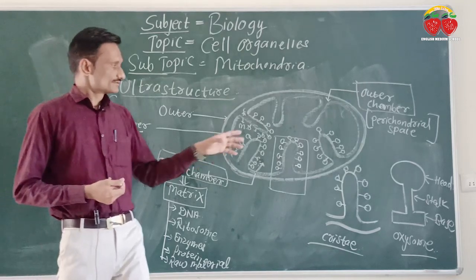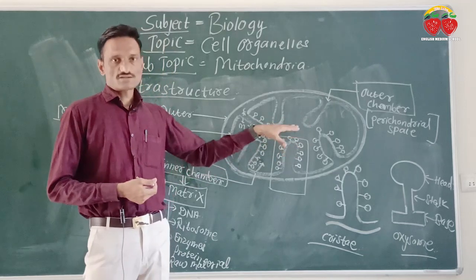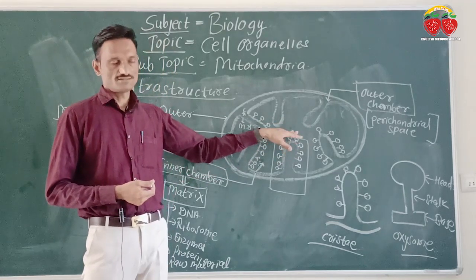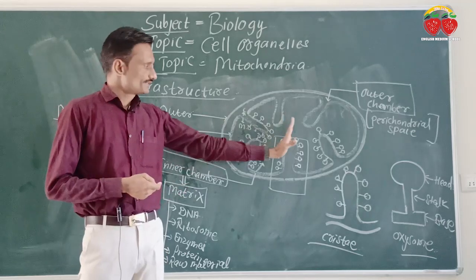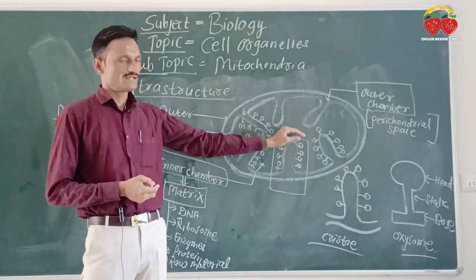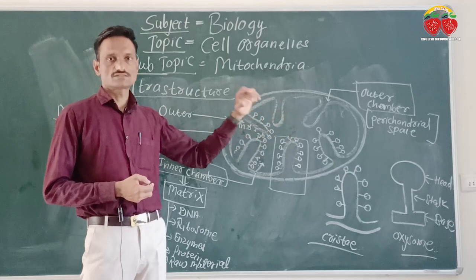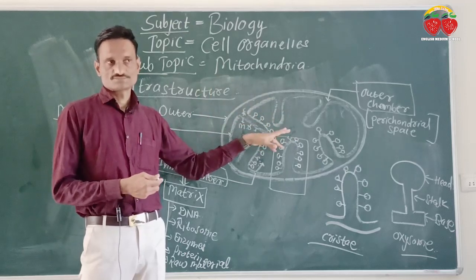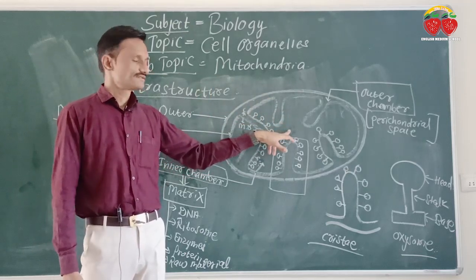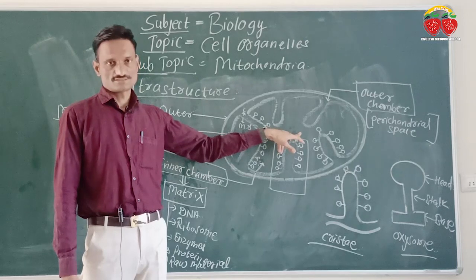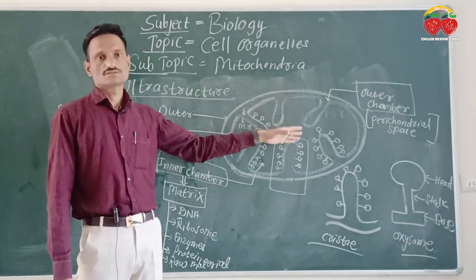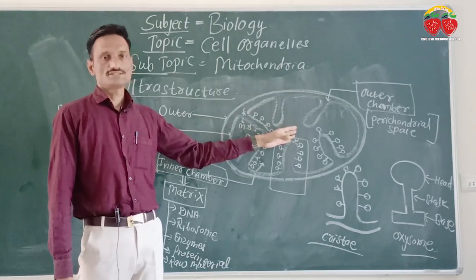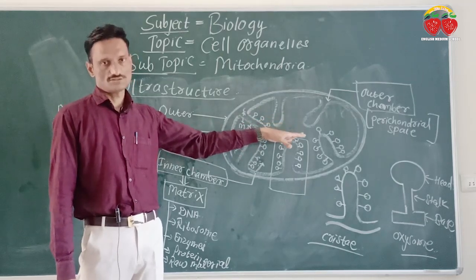So, a number of intermediate products are formed during the Krebs cycle inside the mitochondria. Second, this is the site where the food substrate is completely oxidized, and at the end a number of ATPs are released, and that ATP is further utilized for the metabolic activity of the cell.